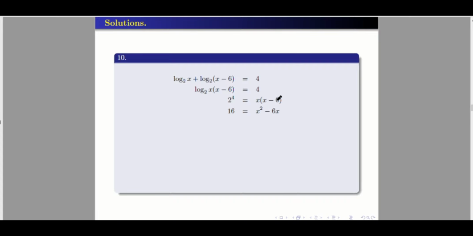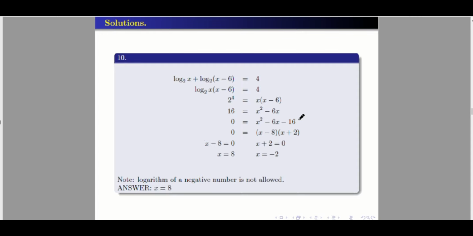So distribute: x squared minus 6x, and then transpose 16, we have negative 16. And then the factors of this are x minus 8 and x plus 2. And then we have two values of x: x equals 8 and x equals negative 2.